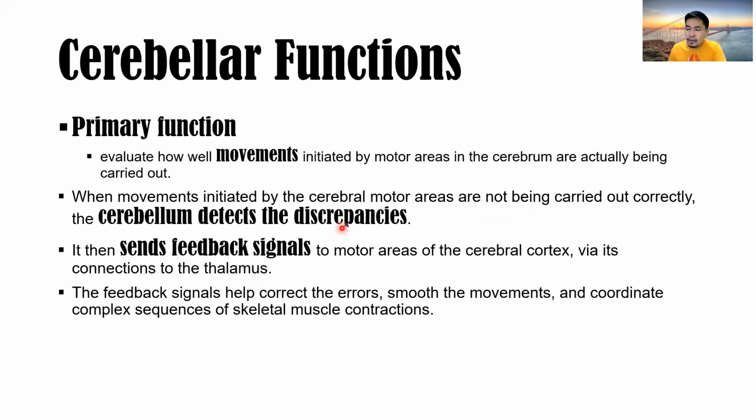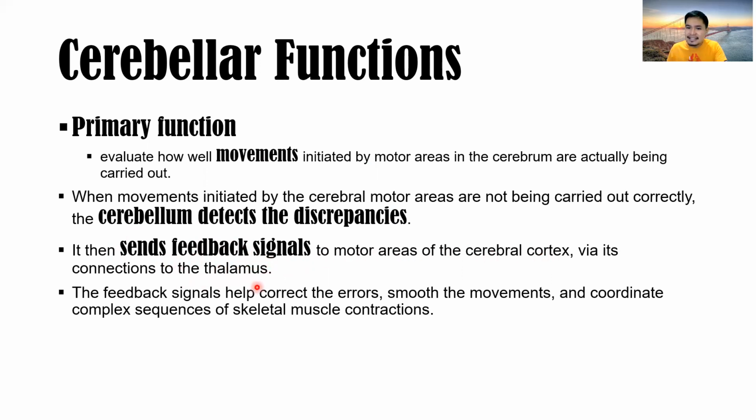The cerebellum will know that the movement of the hand or the finger is not the movement that the motor area in the cerebrum planned. So when it detects discrepancies or problems, it will send feedback signals to the motor areas back in the cerebral cortex via its connections to the thalamus.